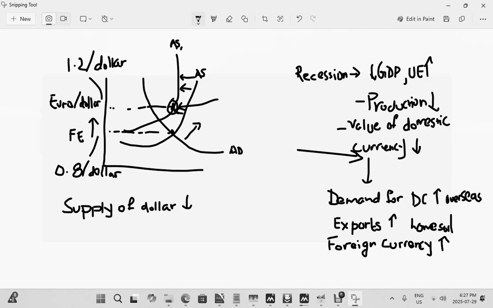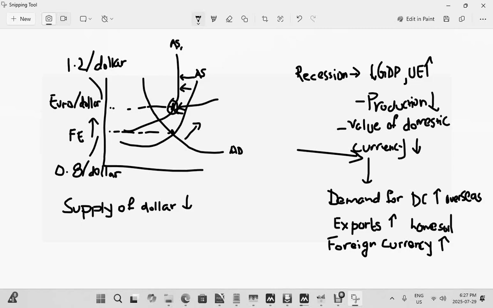As the foreign currency gets much stronger than the domestic currency, the interest rates on home soil go up as well. During a recession, the recession is caused by interest rates going up, for example, when it comes to monetary or fiscal policy. With monetary policy, the interest rates go up, as a result of which the GDP is contracted and goes down.